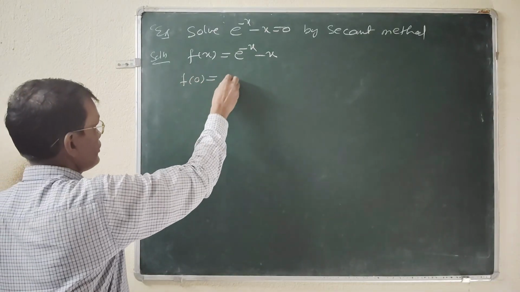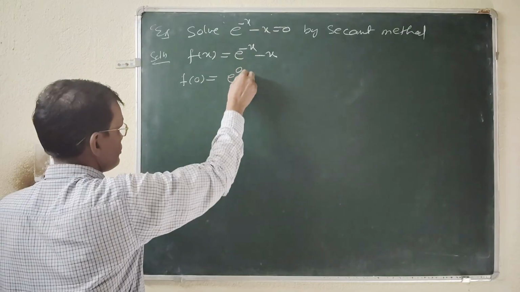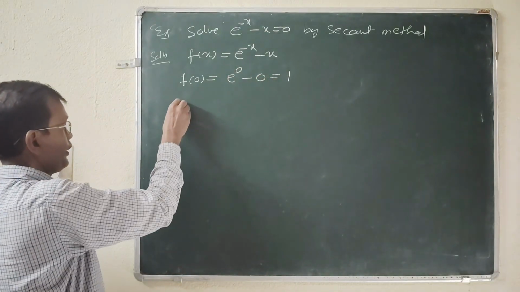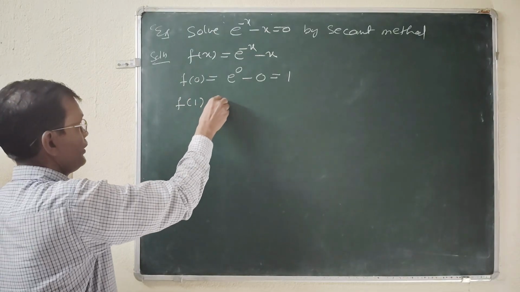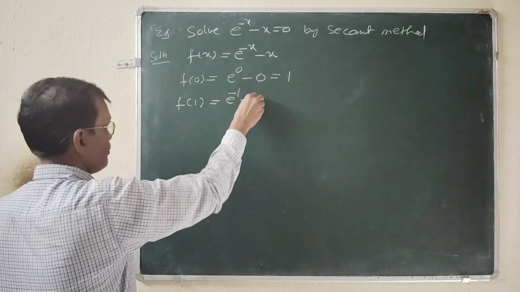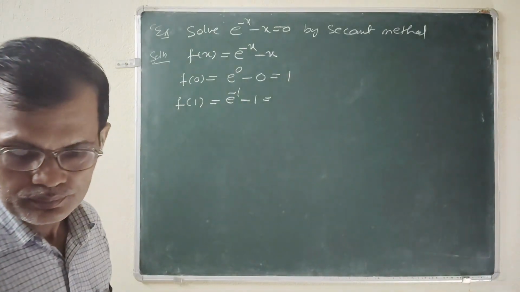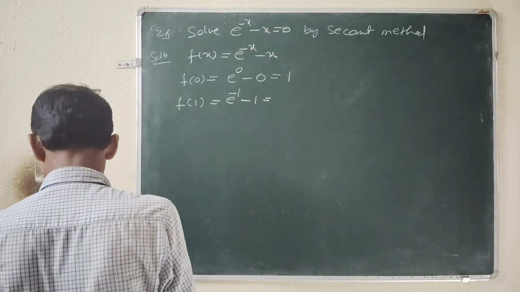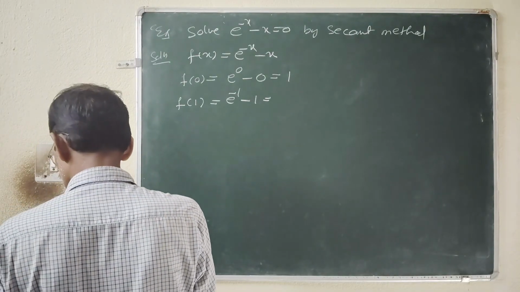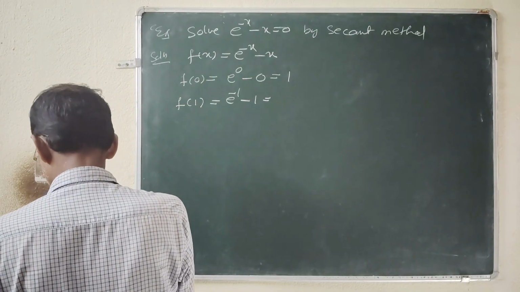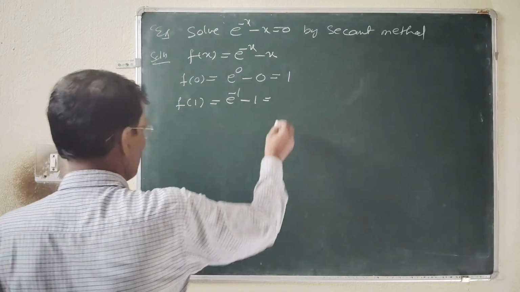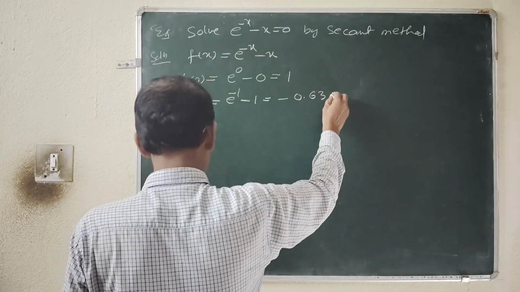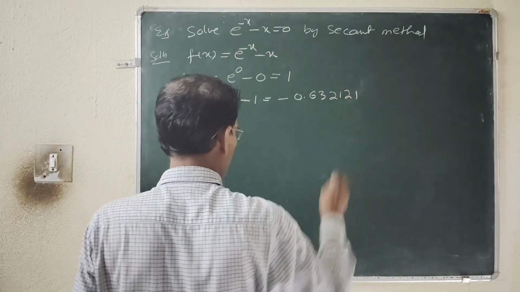If we put f of 0, that is e to the power 0, that is 1. f of 1 is e to the power minus 1, that is equal to minus 0.632121.